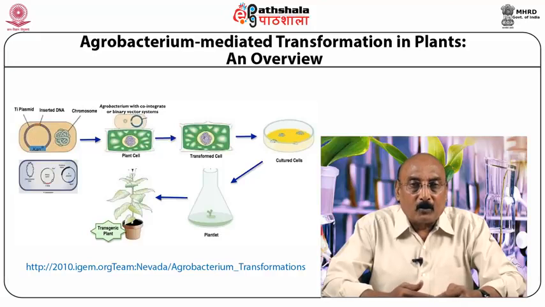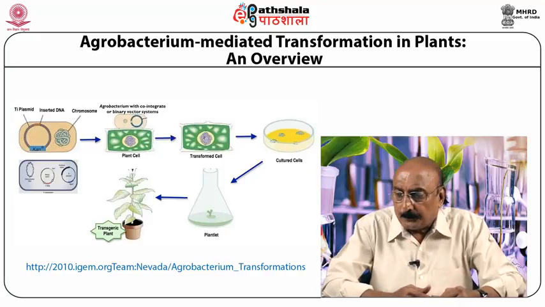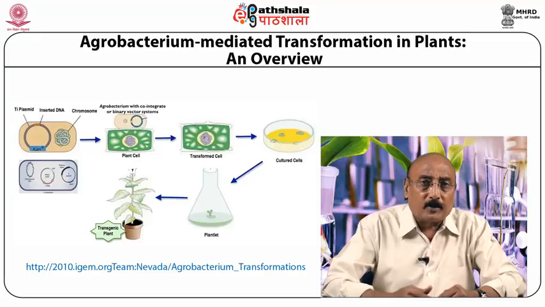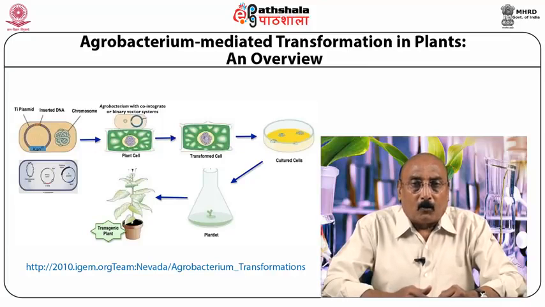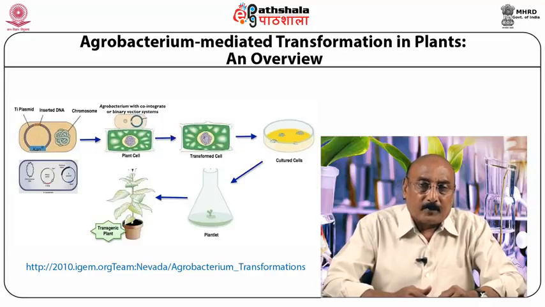These bacteria are allowed to infect plant cells for about 48 to 72 hours. After 72 hours, the plant calli are taken out and washed thoroughly with sterile distilled water.